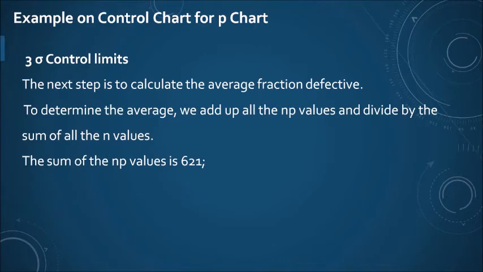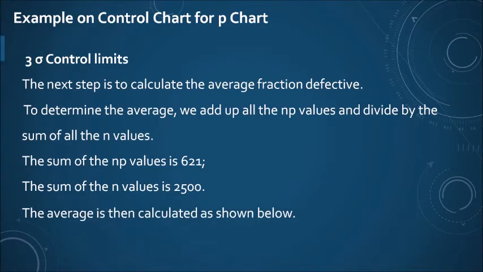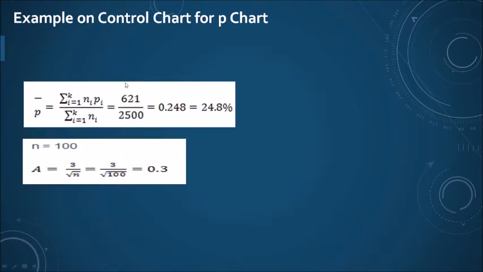The sum of all NP values, if you add that third column, is 621, and the sum of all N values is 2500. Naturally, every day 100 values, so 25 days values will be 2500. The average is then calculated as shown below. So P bar will be equal to 621 upon 2500, which is equal to 0.248 or 24.8%.